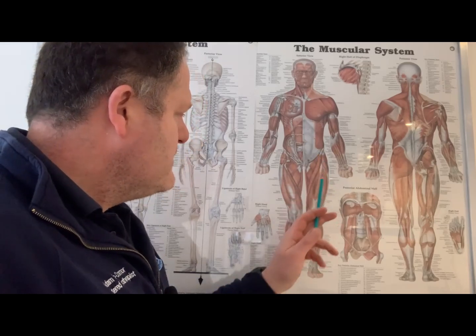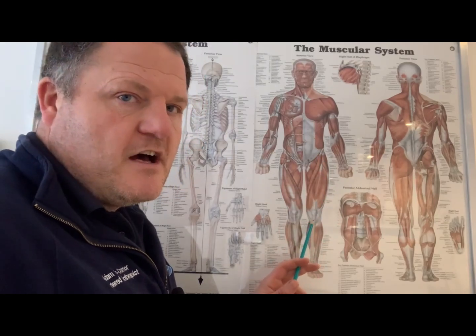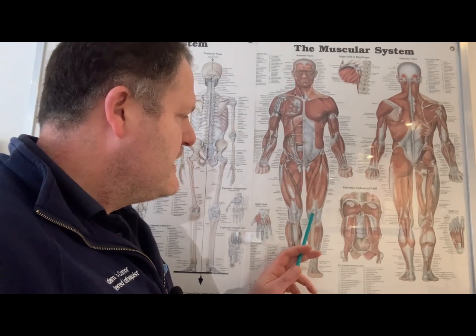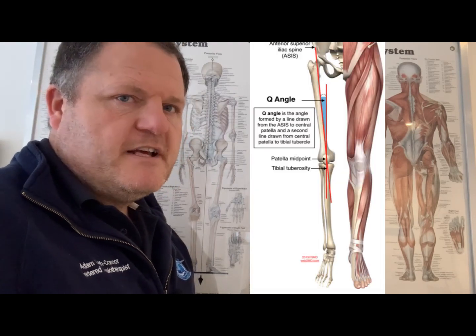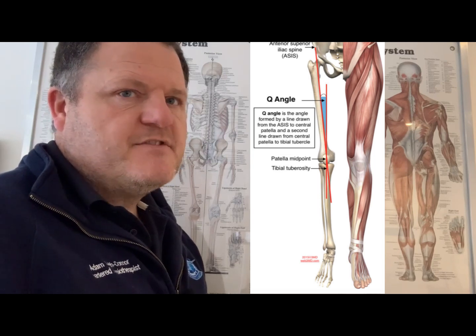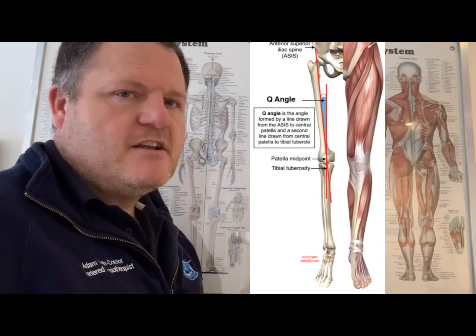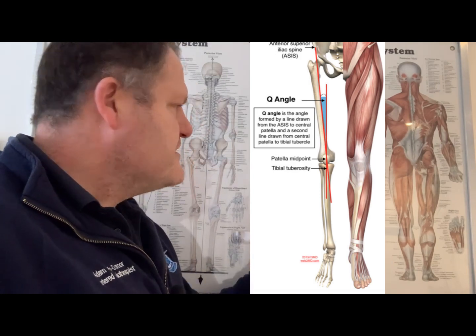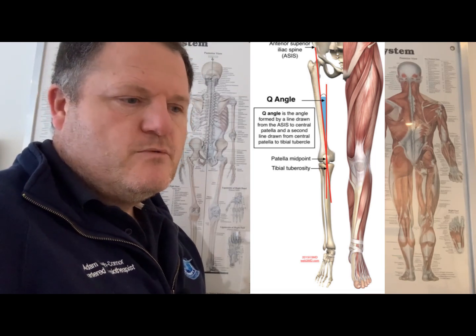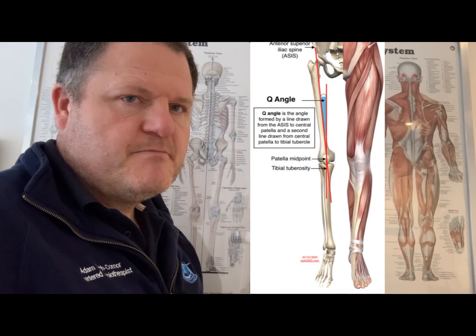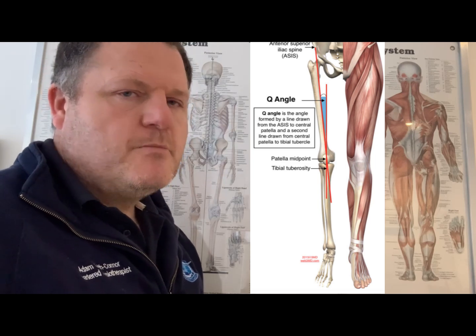So that would be a line drawn down here, and then another line drawn from the tibial tubercle up through the midpoint of the patella and upwards. Now, on average, typically in a man, it's 14 degrees, and in a woman, it's 17 degrees. The reason a woman has a larger Q angle is because the female pelvis is wider in order to make the birth canal wider for the head of the baby to pass through the pelvis. That's just an anatomical adaptation.